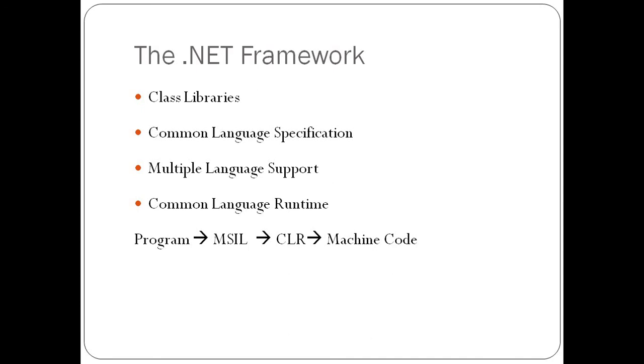It has class libraries to manage execution of multiple programs. It has Common Language Specification. It has multiple language support. It supports more than 60 languages. All languages, all compilers are available under one roof. And then it has Common Language Runtime, which manages compilation of different programming language codes.